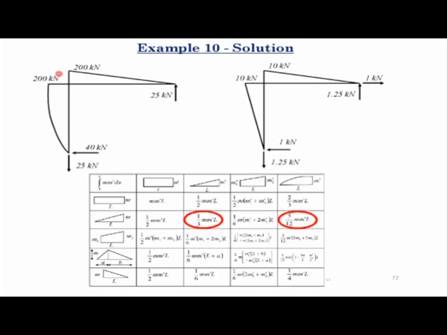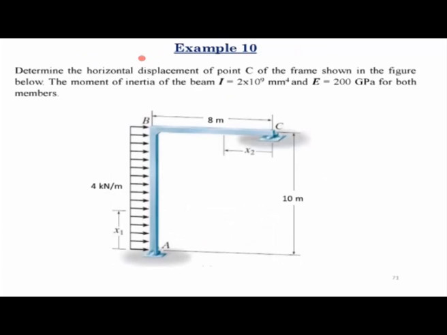So if you draw the moment diagram of the frame, this is the moment diagram under the applied loads. This is 200 kilonewton meter, there is a typing error. This is also 200 kilonewton meter. These are the reactions.